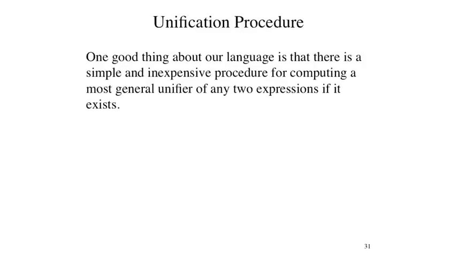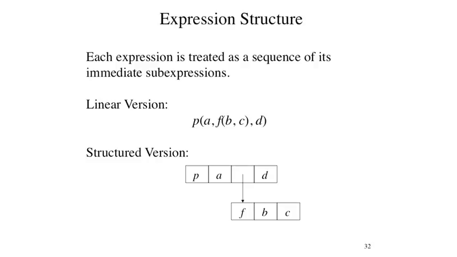One good thing about our language is that there is a simple and quite inexpensive procedure for computing the most general unifier of any two expressions, provided that there is one. The procedure assumes a representation of expressions as sequences of sub-expressions.